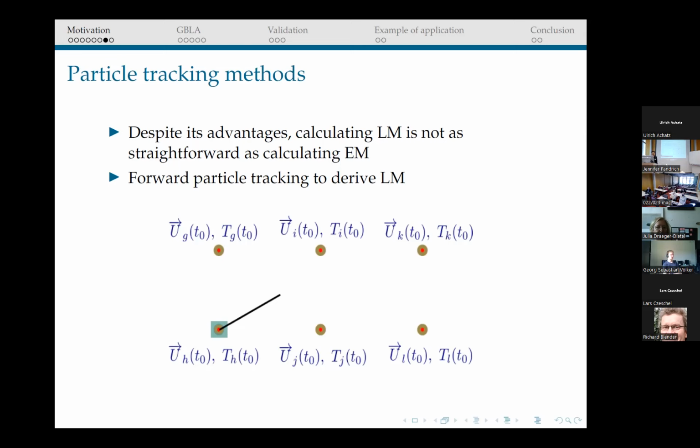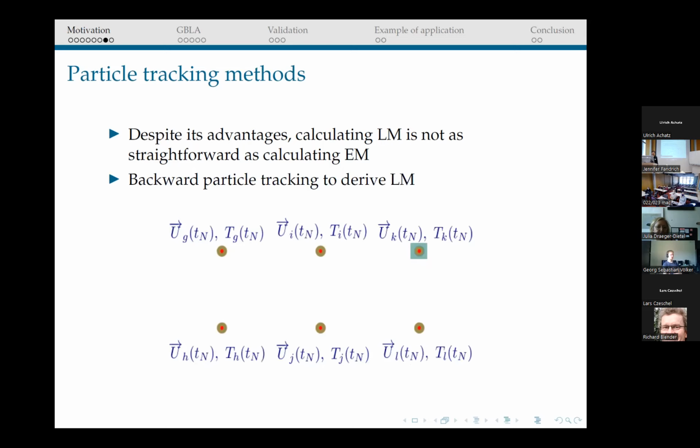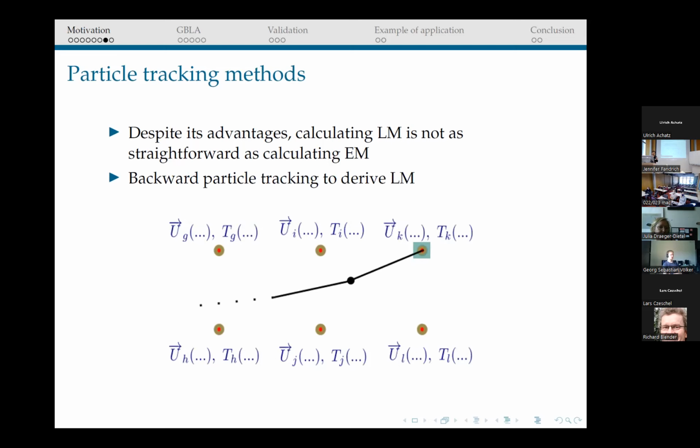At the new position, we interpolate, using the neighboring points, both the velocity and the quantity of interest, let's say temperature here. And then we take more steps forward. So along this particle track, we now have the values of temperature that we can take an average of. This is forward particle tracking. We can do it backward as well: we take one step backward, find the position, and so on.